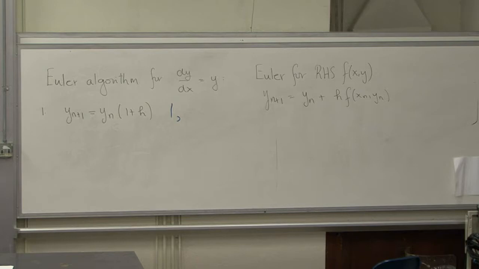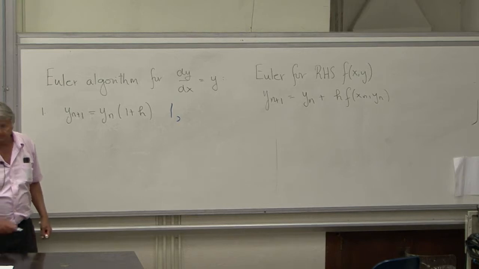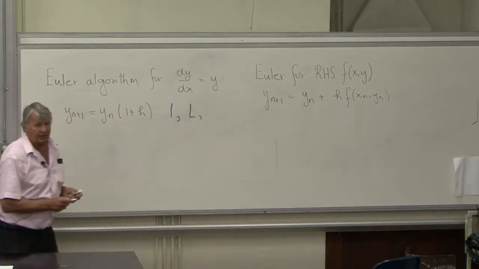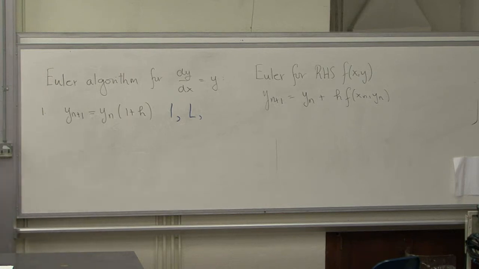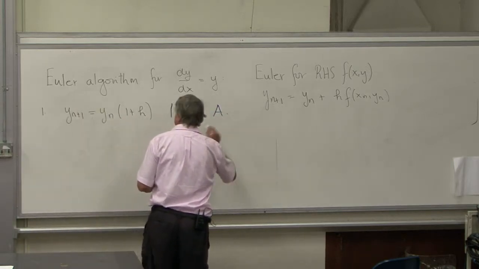Is the equation just a linear combination of the values of y at these various points? It's linear. Is it autonomous or non-autonomous? It's autonomous, because there's no n explicitly in the equation.